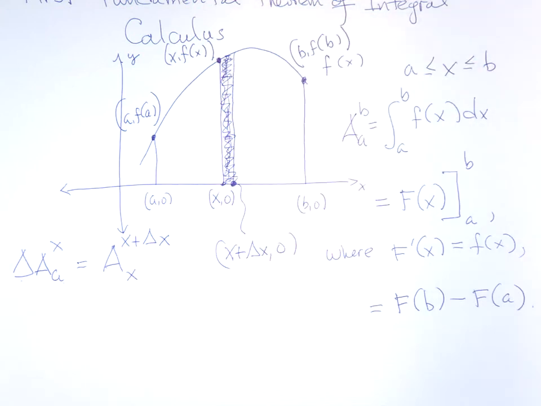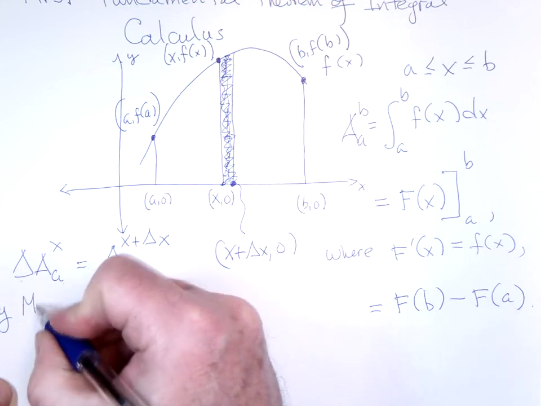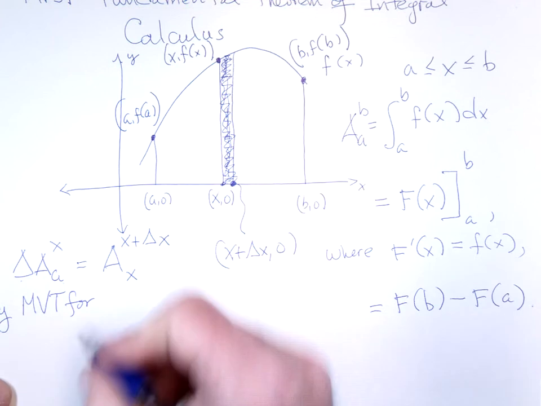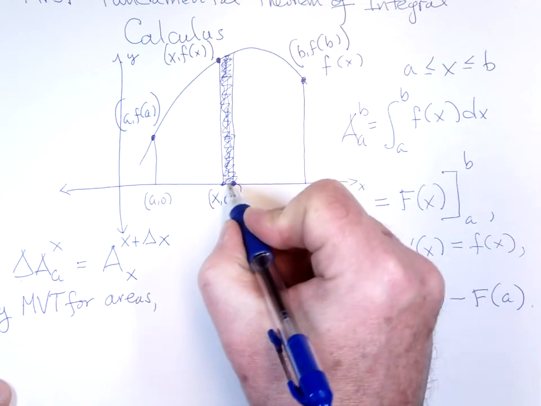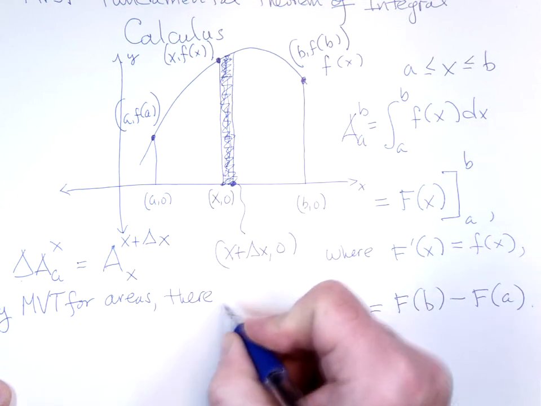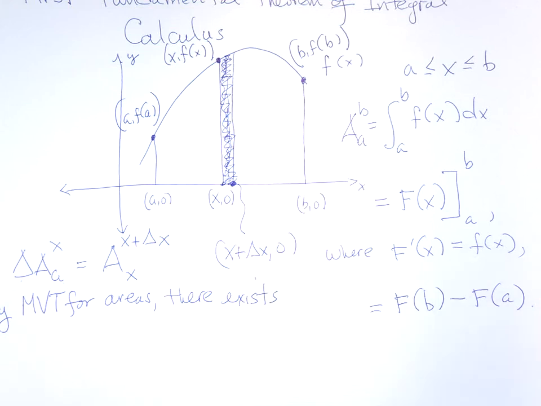Now, by the theorem we just did, by the mean value theorem for areas that we just did, what do we know? I know there's a c value in here somewhere. I'm telling you, this is going to get a little bit mathy. If you don't totally understand it, don't despair. It's not like you're going to absolutely need it.